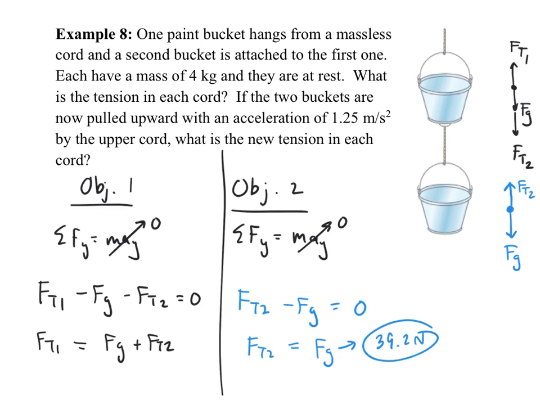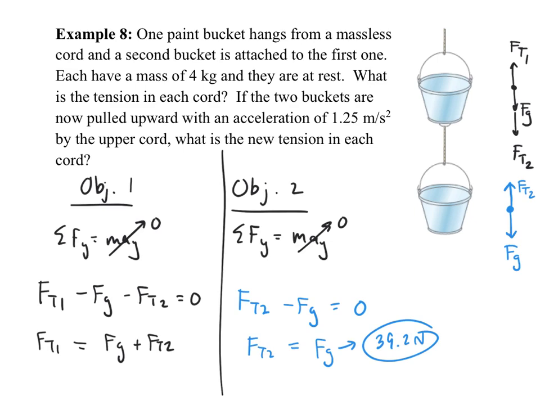The upper bucket and the lower bucket together are supported by the first rope. The logic makes sense. Look at the diagram. The first rope up top has one bucket and a second bucket pulling on the upper rope. So this is the weight of the upper bucket, and this becomes the weight of the lower bucket, and that's coming from here.